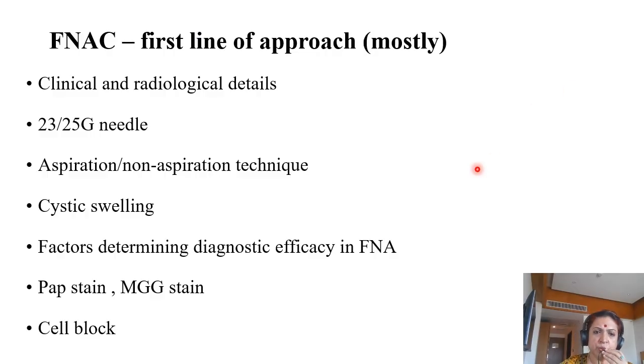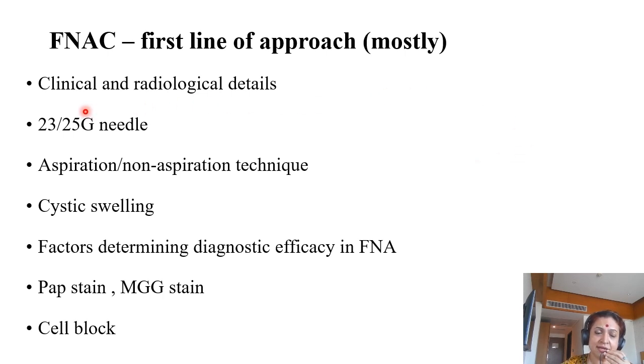So going on to FNAC, which in most cases is the first line of approach. If the tumor is intraoral from the minor salivary gland, maybe due to difficulty of doing the FNAC, you may be getting a biopsy. Otherwise, in a major salivary gland tumor like your parotid, submandibular and all, the first sample that a pathologist comes across is FNA from the tumor.